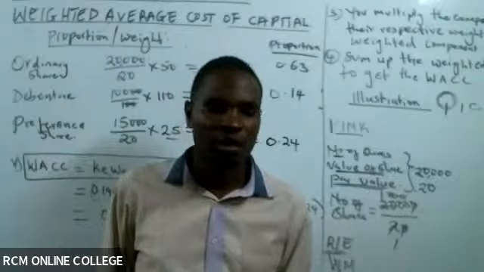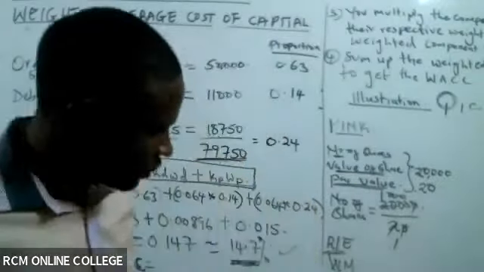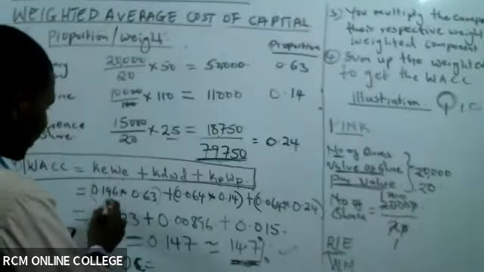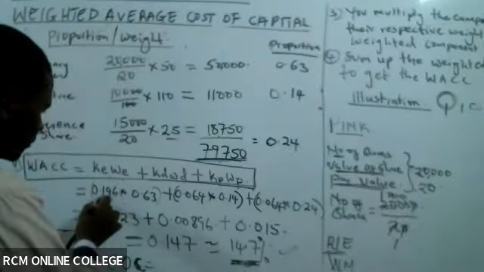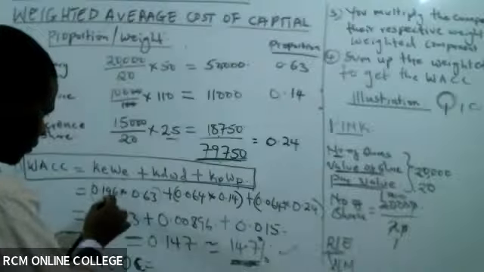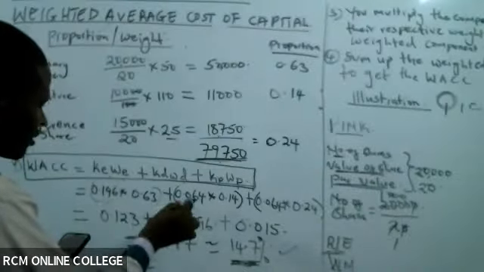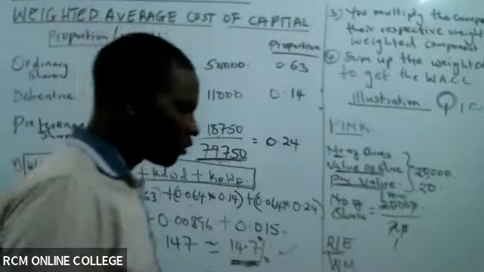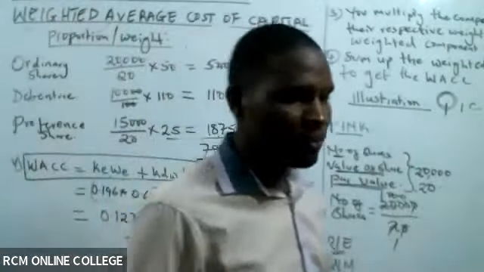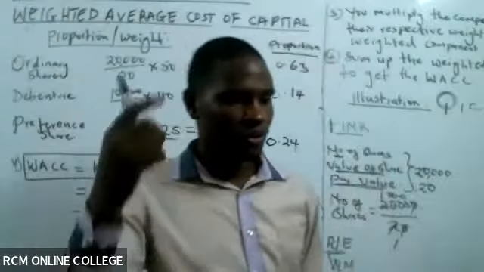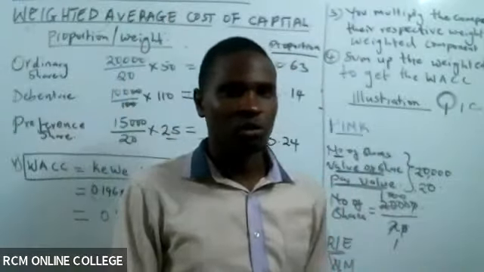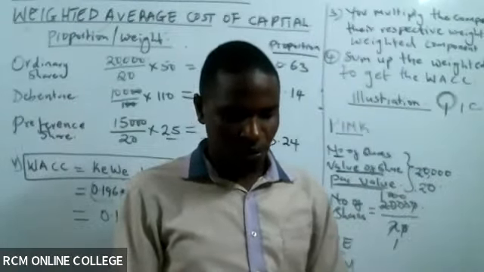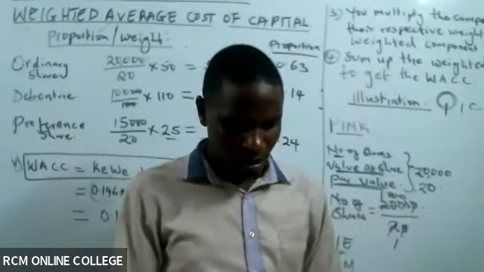By the way, ukiangalia cost of equity, it's always higher than the cost of debt. Cost of equity is higher, 19.6%, 6.4%.